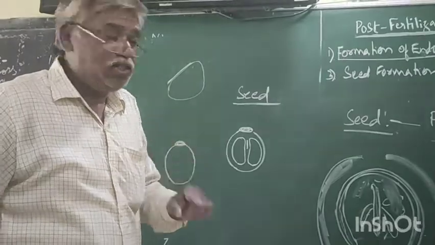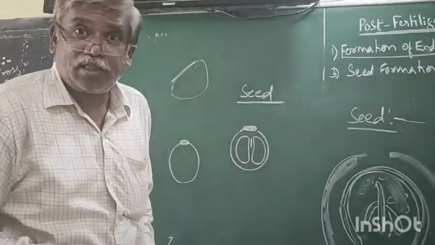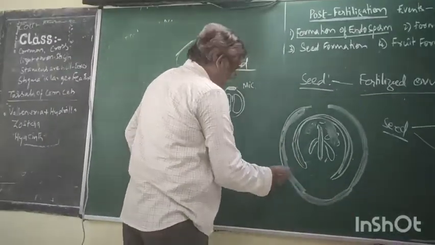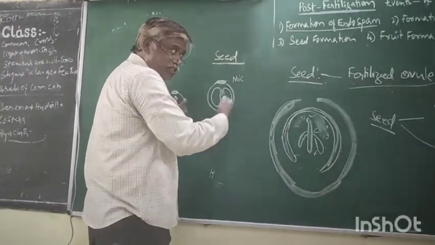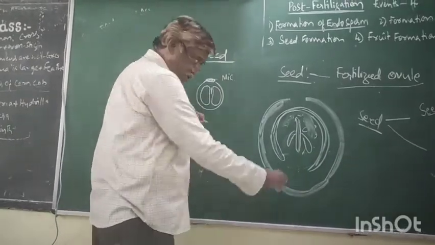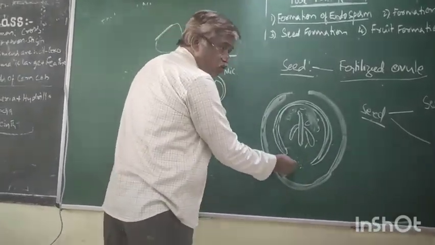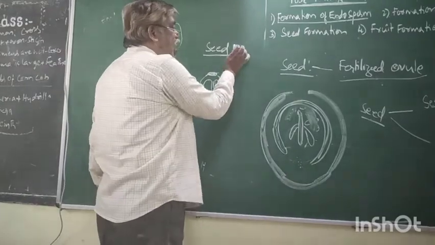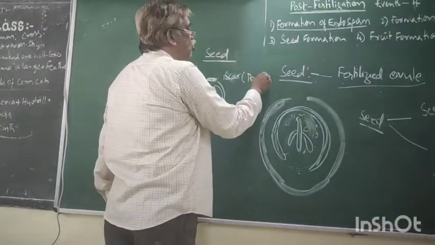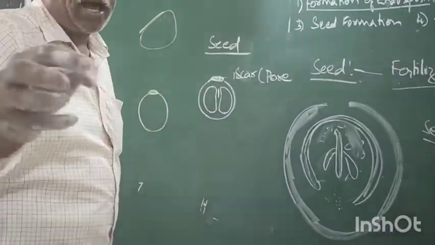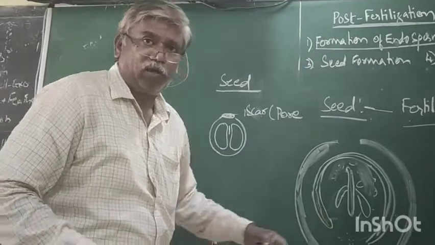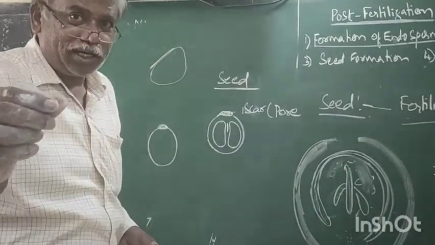This white scar is nothing but the micropyle. The micropyle is represented as a scar. That is the pore. That means every seed has a pore.